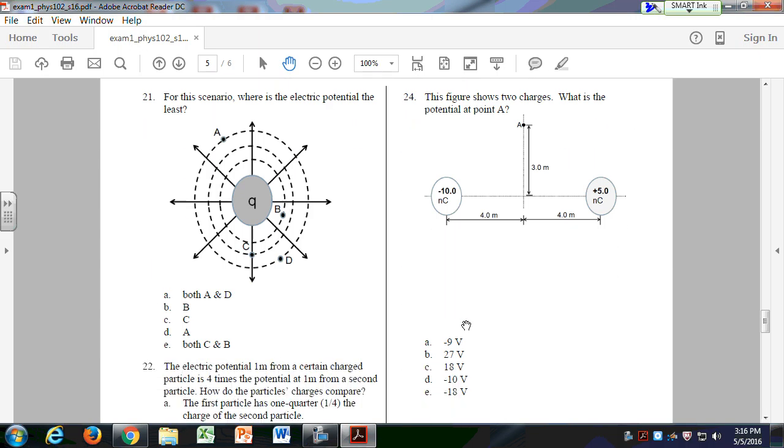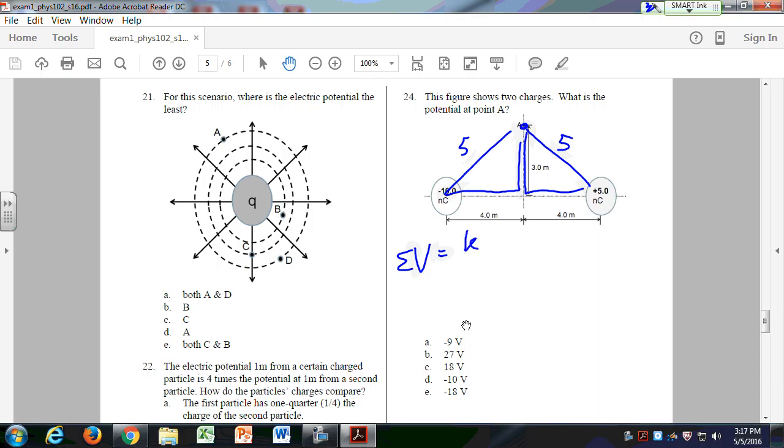Number 24 is another one. You have to find the potential at point A. Look for our special triangles, right? A 3, 4, 5 triangle is a pretty common one. But if you don't remember that triangle, just do the Pythagorean theorem. The square root of 3 squared plus 4 squared gives us this distance. We need this distance because we calculate the potential as KQ over R. So the total potential is the sum of the potentials.